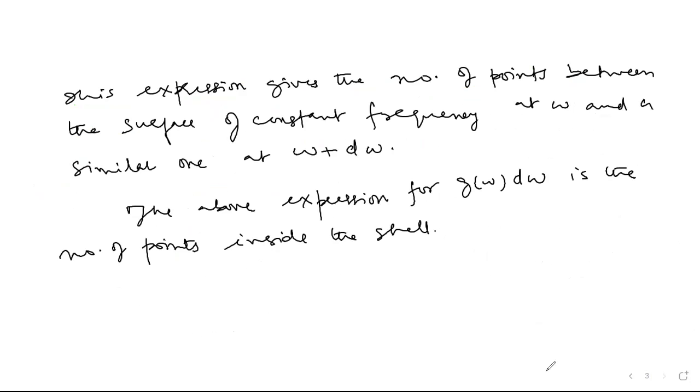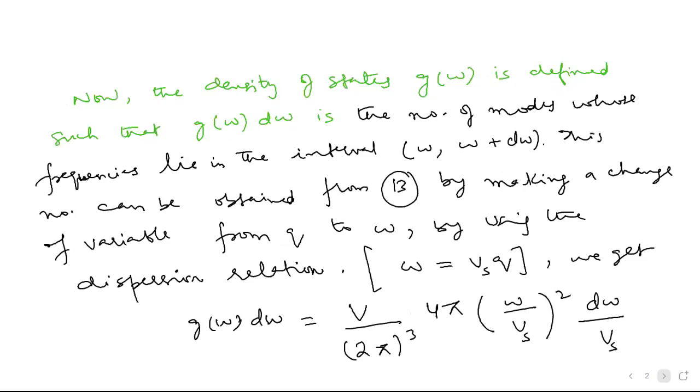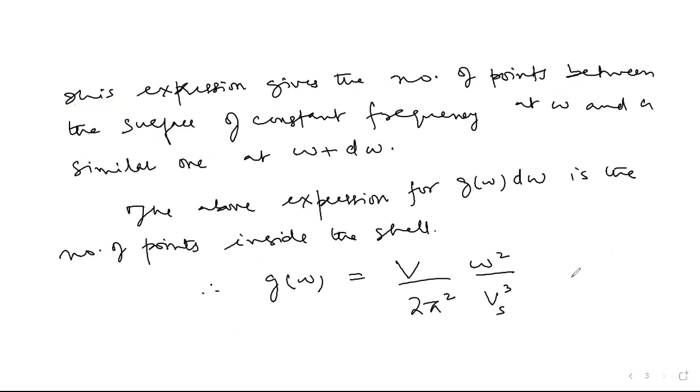the density of states is thus given by, therefore g of omega is V over 2 pi square, omega square by Vs cube. This is our equation 14.